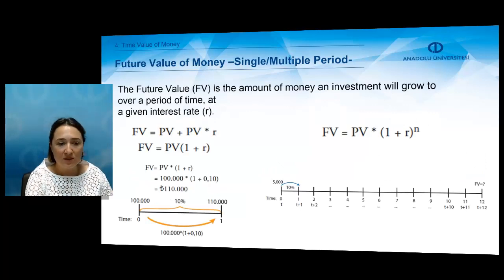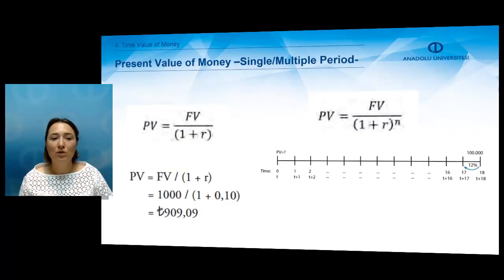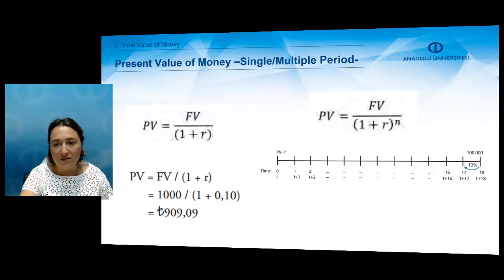Future value is present value multiplied by 1 plus R, and present value is future value divided by 1 plus R. But if we have multiple periods, then our equation is something like that. Future value is divided by 1 plus R to the power n, where we add n to express the number of periods. In that figure, it is 18.